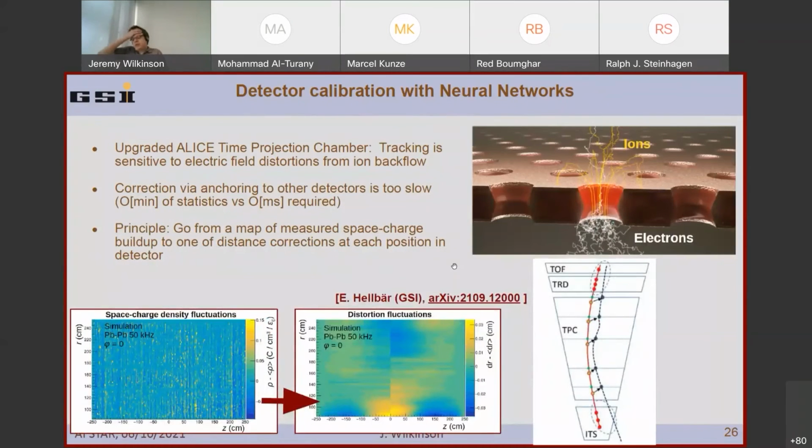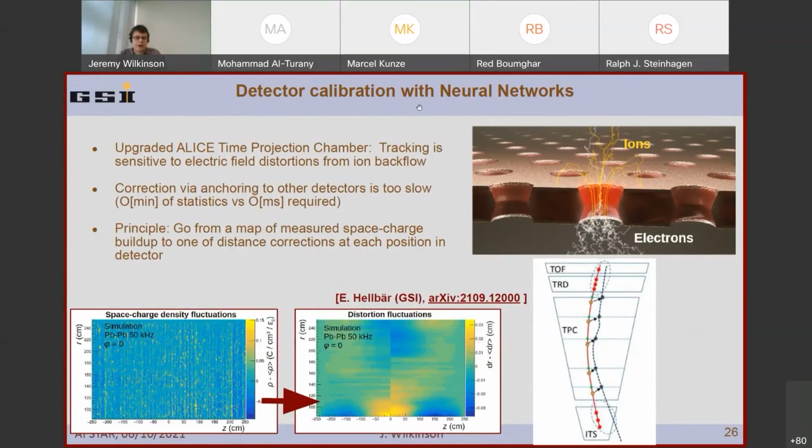And then I want to briefly touch on, not just the data analysis, but also how we use machine learning techniques in order to calibrate our detectors. So we've recently made upgrades to the ALICE time projection chamber for the upcoming Run 3 of the LHC.